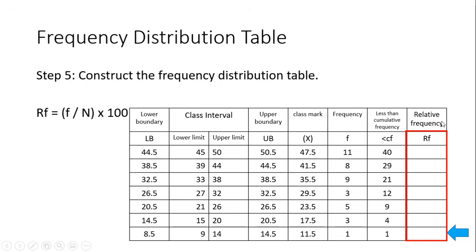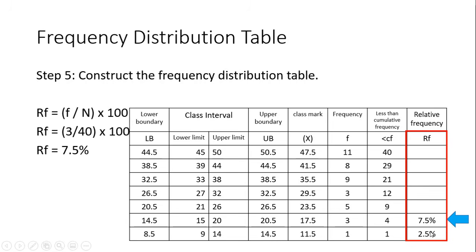So for us to compute for a relative frequency, as stated, we'll be using the equation. For this cell, again, we will be starting from the bottom. We have 1, which is the frequency for this row. 1 divided by n, which is 40, times 100, so that's 2.5.